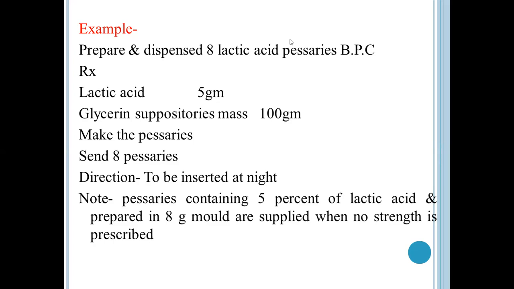If you have to prepare or send 6 suppositories, then we take measurement for how many pessaries? 8. 2 extra to avoid wastage or sticking of the beeswax or any material to the mold. So the quantity of glycerogelatin base means the suppository base. Pessaries are one of the types of suppositories. It is the type of which suppository? Vaginal suppository.